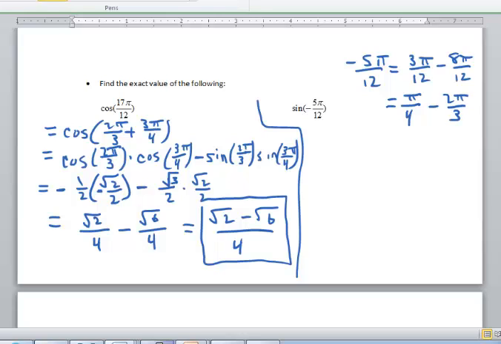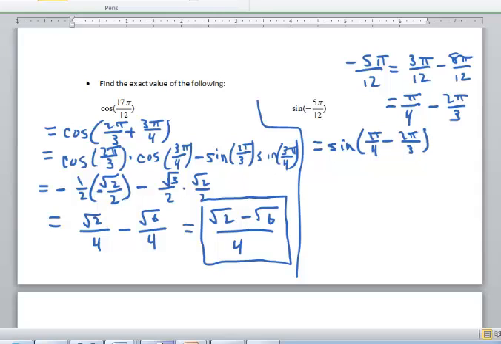So I can use the sine of a difference formula, and I can write this as the sine of pi over 4 minus 2 pi over 3.